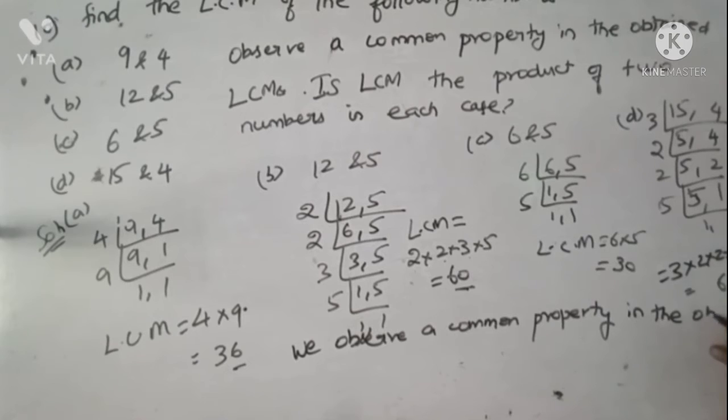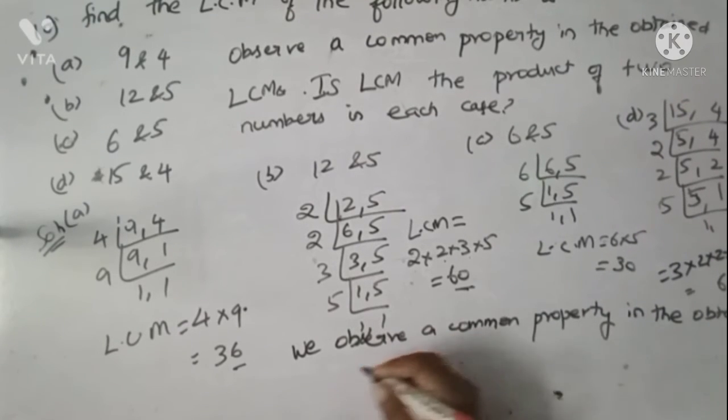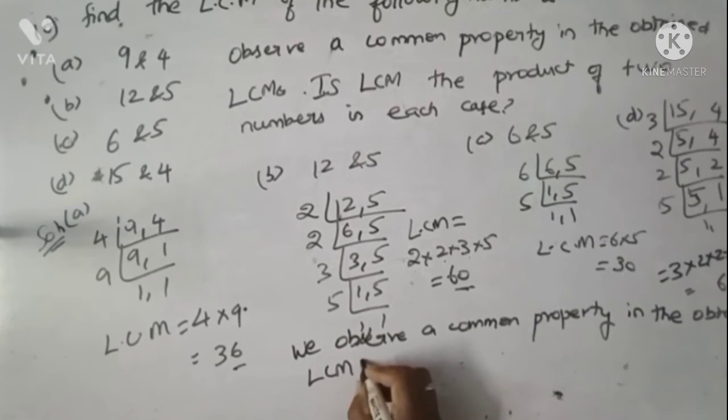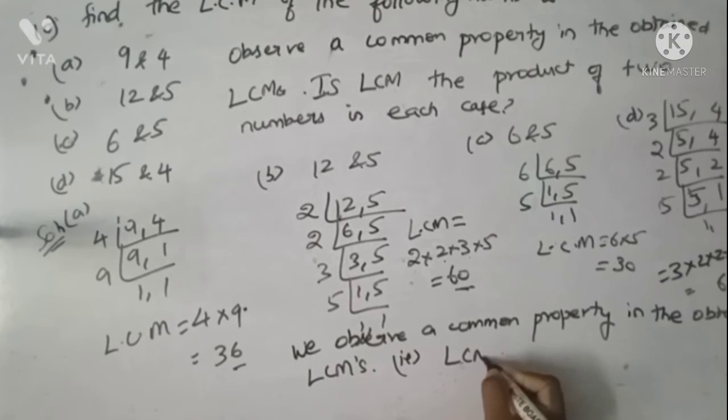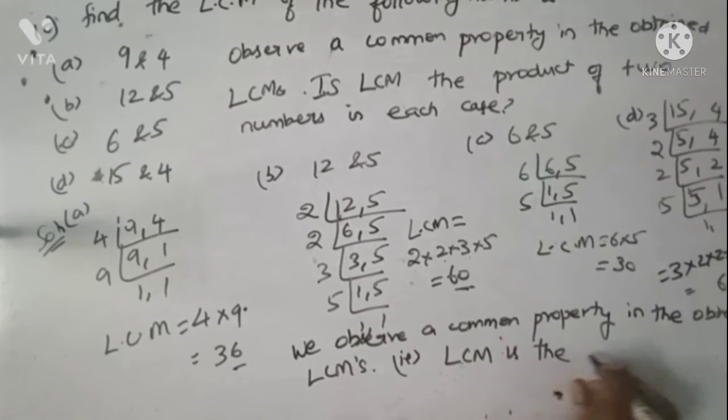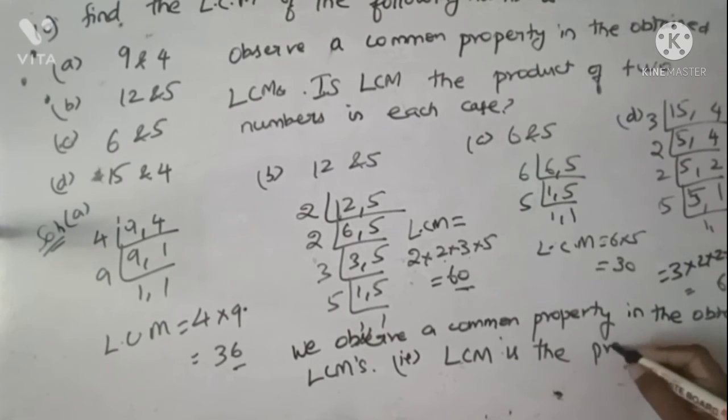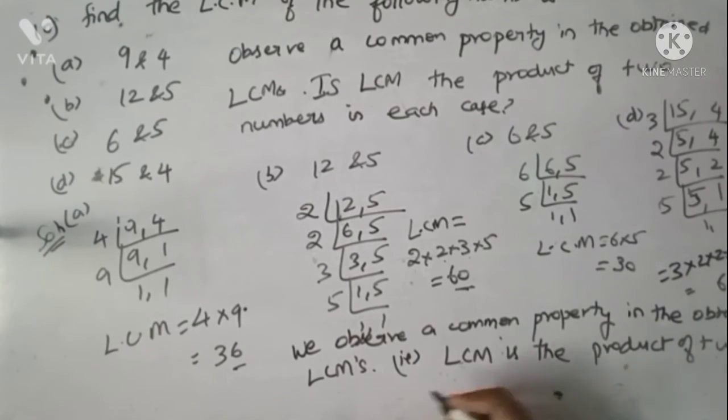In the obtained LCMs, that is, LCM is the product of two numbers. LCM is a product of two numbers.